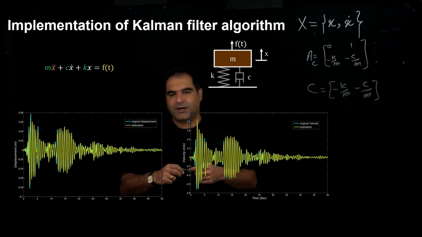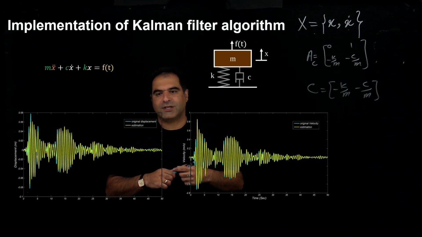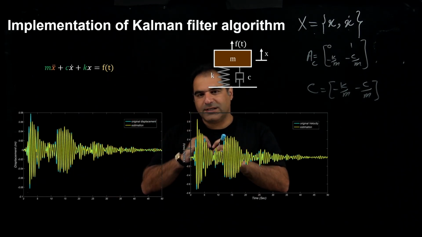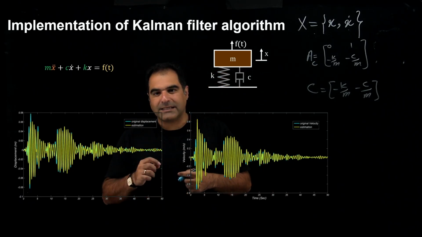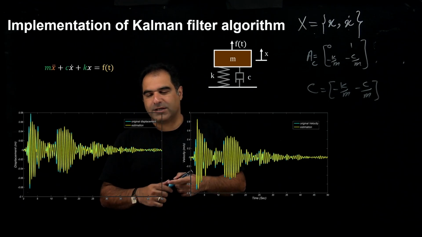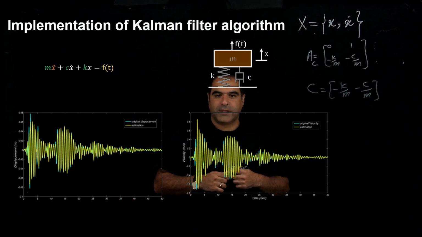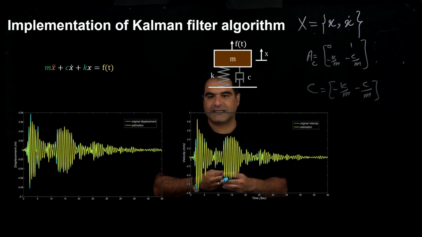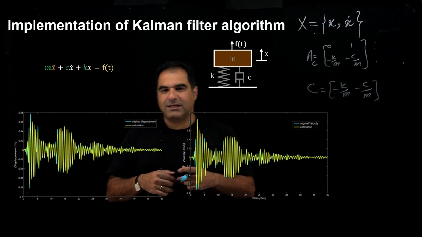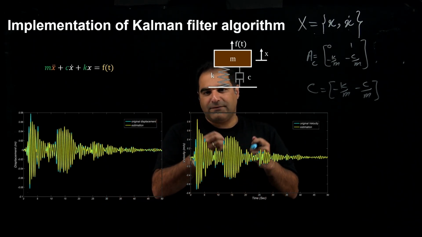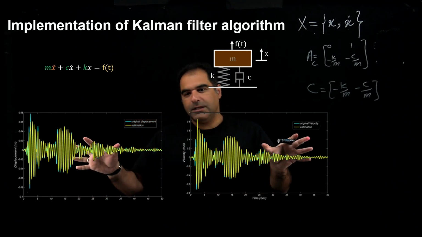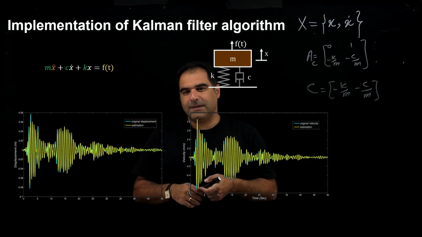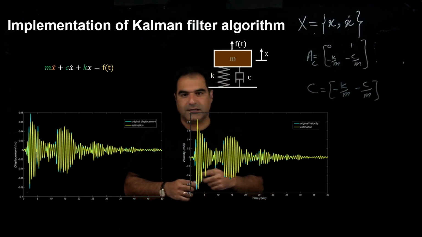One point I forgot to mention, and it's worth mentioning, is that when I was generating the data as sensor data, I added some noise to my acceleration to see how robust my Kalman filter is. As you see here, I assume that I have noisy data, but I have a certain model, and I was able to estimate the displacement and velocity of vibration.